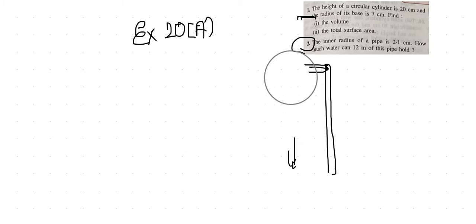Okay, so now we'll be looking into the third question. So the third question says, a cylinder of circumference 8 centimeter and length 21 centimeter rolls without sliding for 4.5 seconds at the rate of 9 rounds per second. So you have to find the distance traveled by the cylinder in 4.5 seconds. Okay, so this is our question number 3.